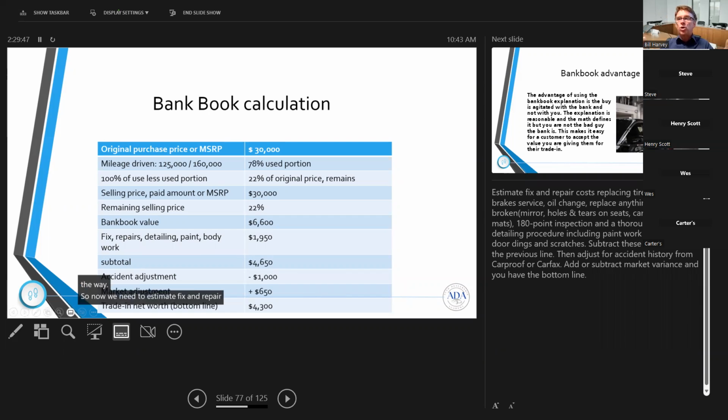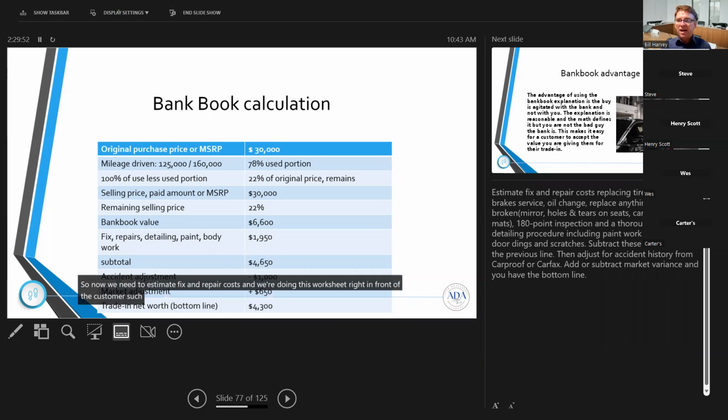And we're doing this worksheet right in front of the customer, such as replacing tires, certification, brake service, oil change, replacing anything broken, mirrors, holes or tears in the seats, the carpet and the floor mats, the 180-point inspection, and a thorough new car detailing procedure, including paint work on the bumpers, door dings, and scratches.